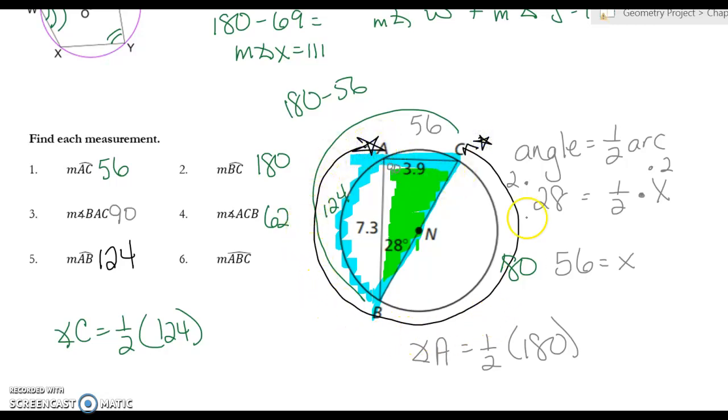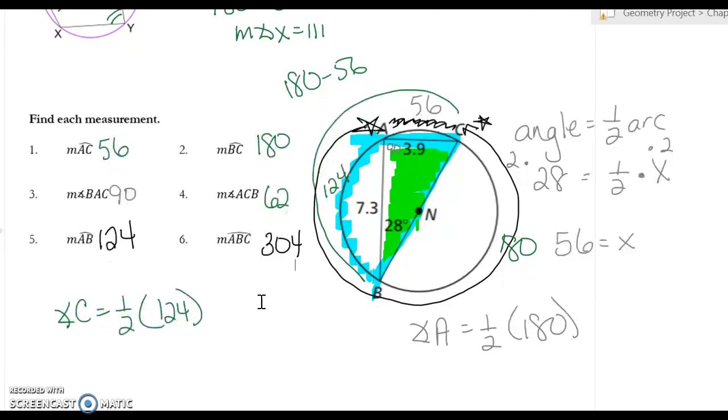I can add up everything I pass. So 124 plus 180. Or I could do 360 minus what I don't want, which is right here. Either way, you're going to get 304. Okay. So there's a couple different ways to remember it. Remember, inscribed angle equals half of the arc.